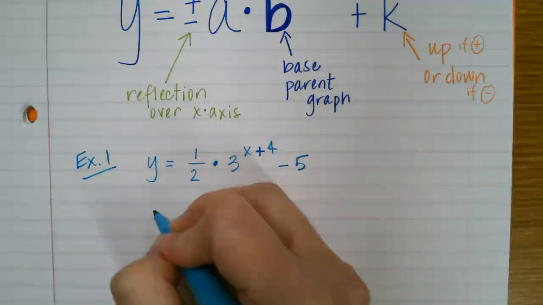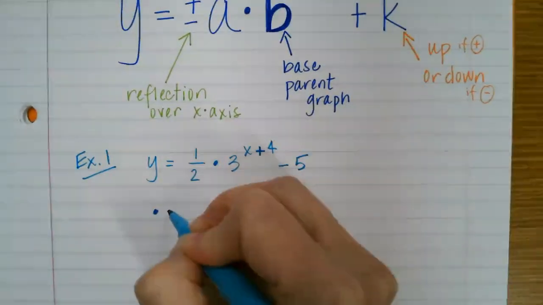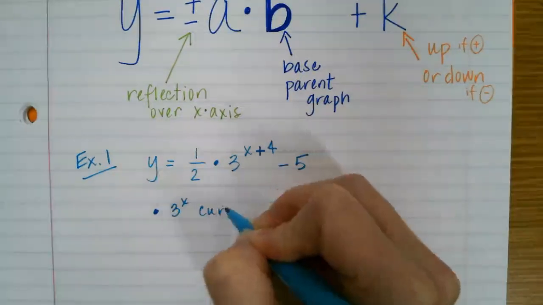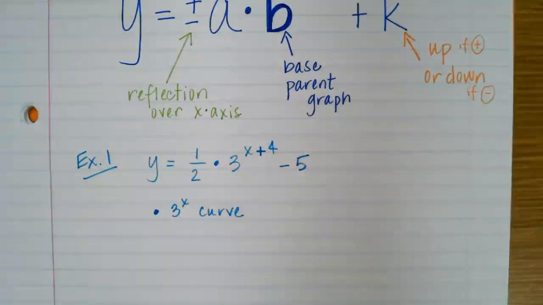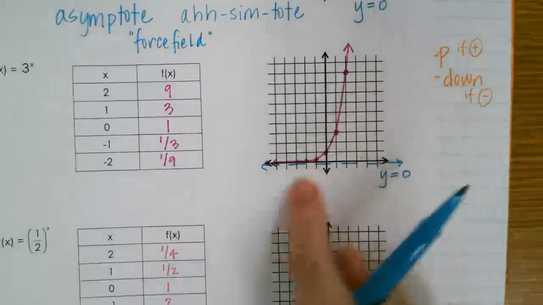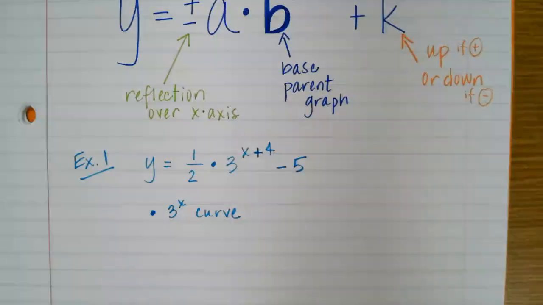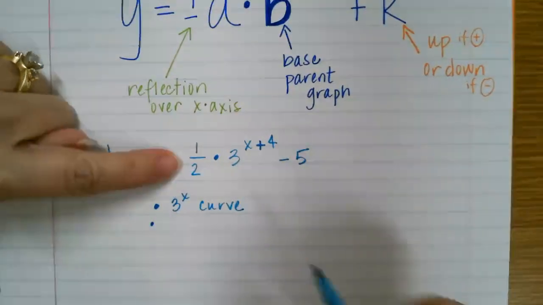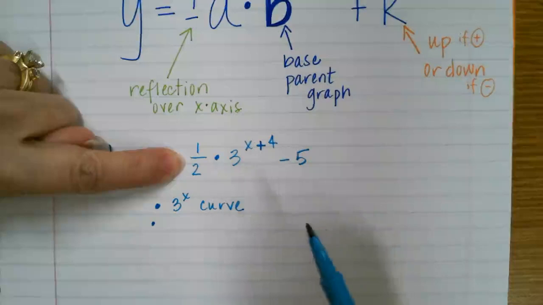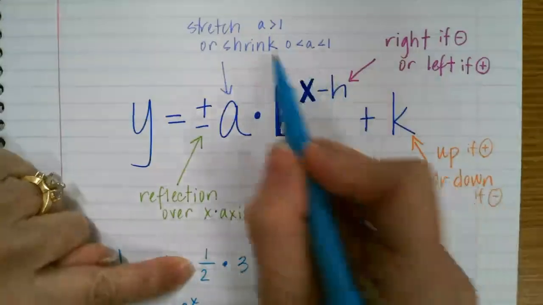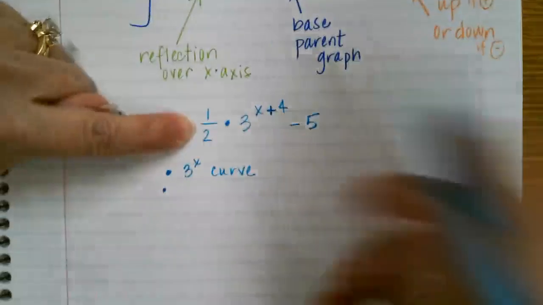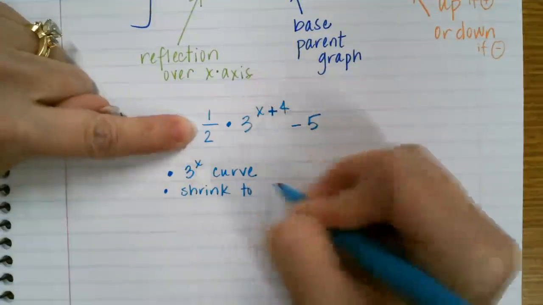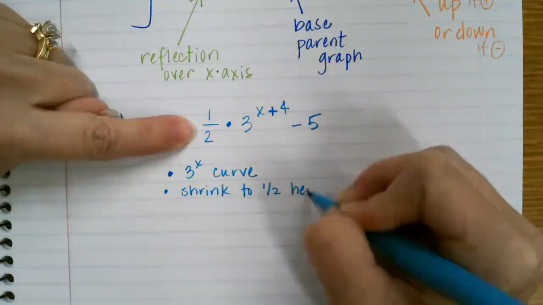So what we're doing is we are starting with the 3 to the x curve. So we would be using this curve right here, okay? And then what's happening to this curve? Well, let's start at the beginning and work through. This is 1/2, which means that it's going to shrink. So we're going to shrink to half the height.